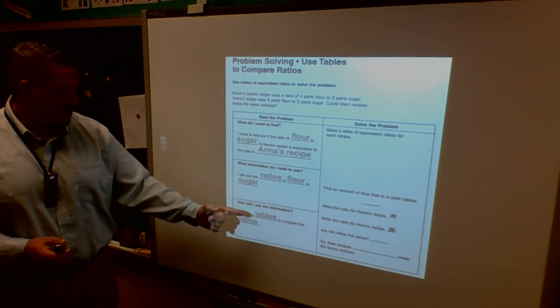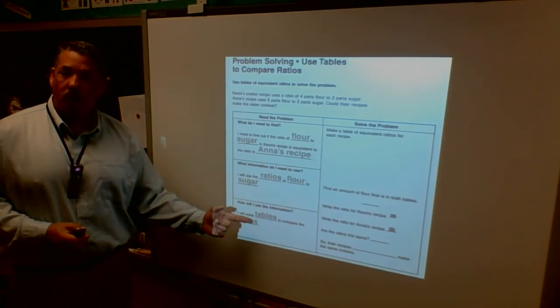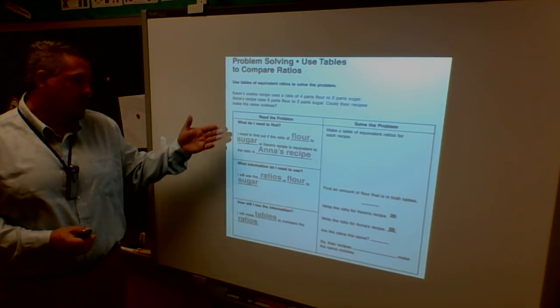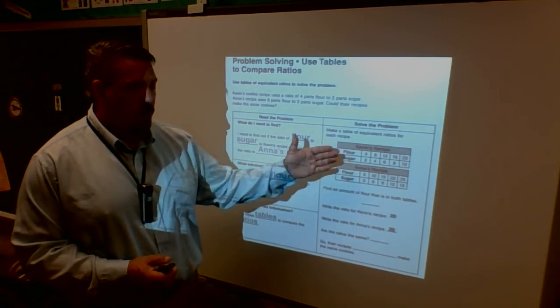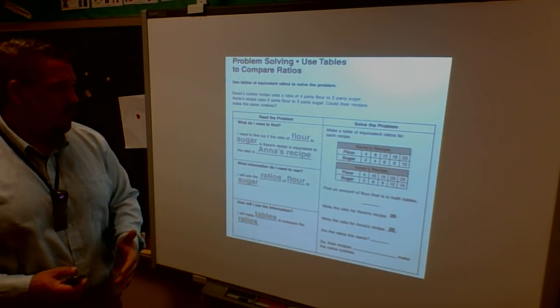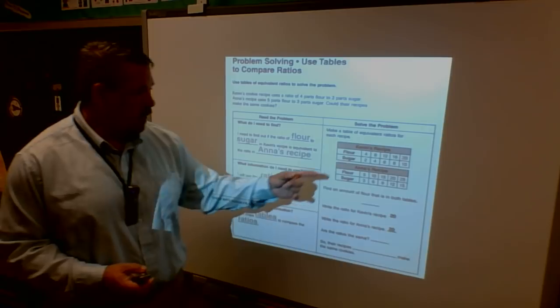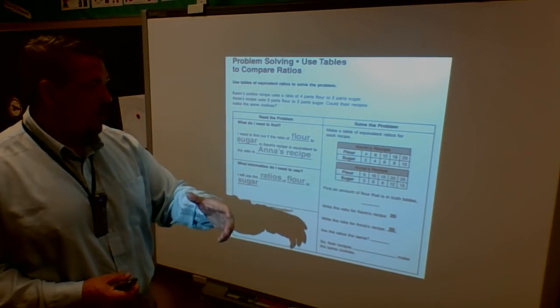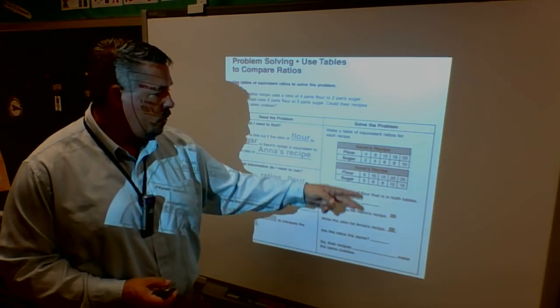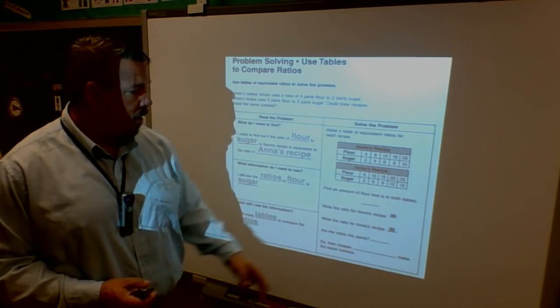So I'm going to use the tables to compare the ratios, or the rates, that we're given. Make the equivalent tables. They've already been made for you, and I left them on your paper. You can see these are Kevin's recipes, Anna's recipes, and how they increase. These are increasing by 2, 3, 4, 5. Same thing down at the bottom.